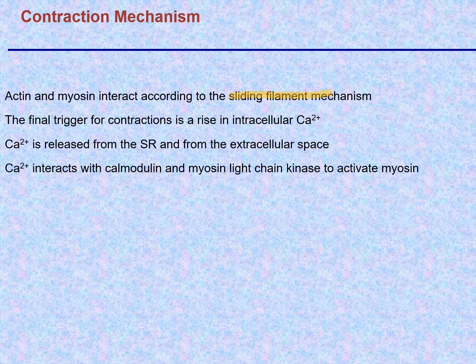It's the sliding filament mechanism, similar to the one you see in skeletal muscle, interaction between actin and myosin filaments. The final trigger, again, is a rise in calcium within the cell, in this case the smooth muscle cell. It does get released from sarcoplasmic reticulum and results in activation of the myosin so that it interacts with actin.